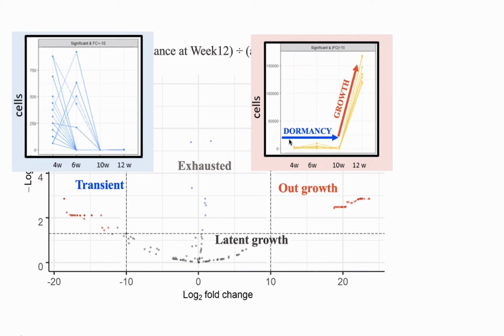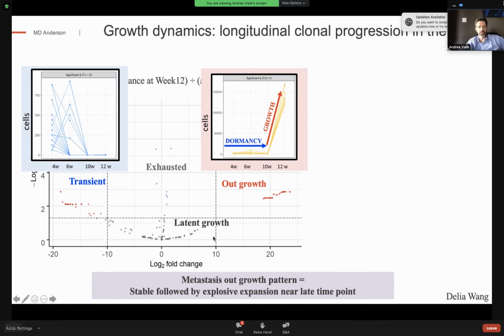This is important because these are a minority of clones. The vast majority of the clones that we found in the periphery do not grow at all, they do not expand. So when we study seeding, metastasis, and dormancy, we have to be very careful because the vast majority of these cells probably are not able to undergo any kind of reactivation.